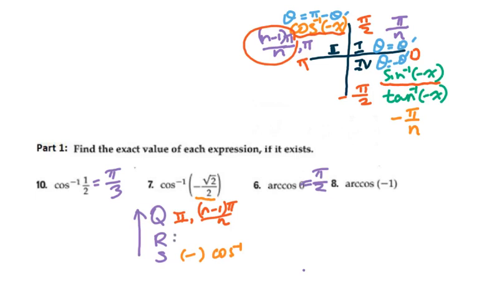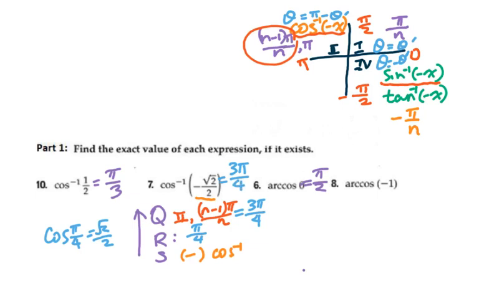For the reference angle, we got pi over 4, because cosine pi over 4 equals square root of 2 over 2. For the second quadrant, n equals 4 this time, so we got 3 pi over 4. That's the solution for number 7.